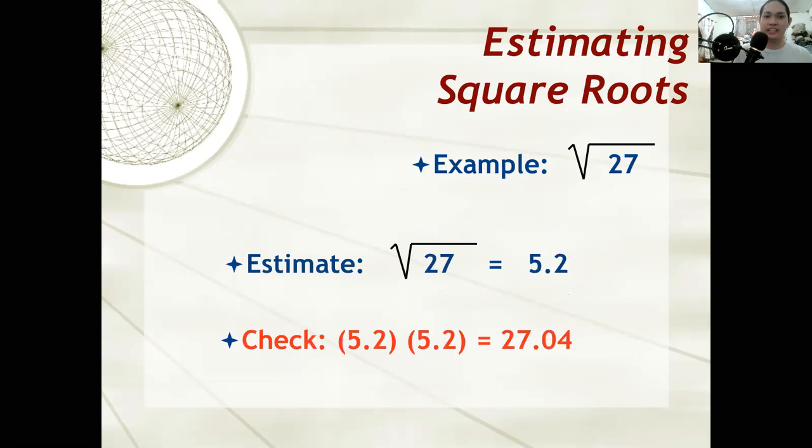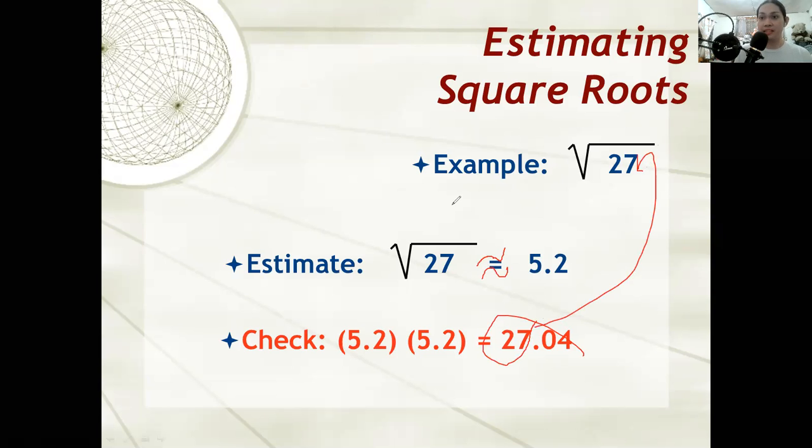So now we can say that the square root of 27 is approximately 5.2. We no longer use the equal sign, sorry. It must be an approximate sign. Let's try to check. If we have 5.2 times 5.2, that gives us 27.04, which is close to our problem, the square root of 27.